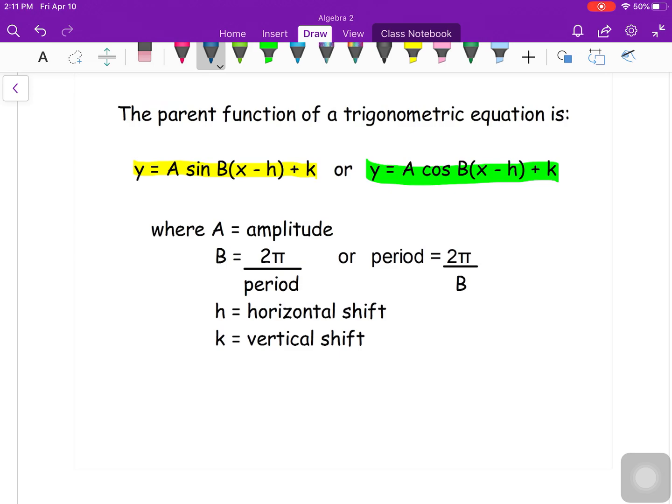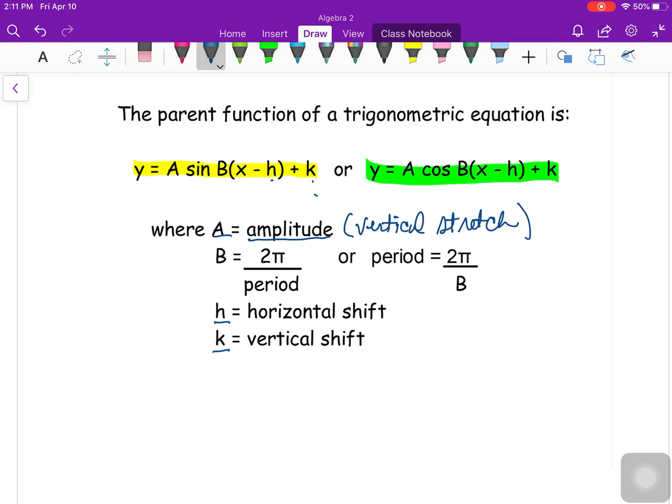On trigonometry functions, it is called the amplitude. It still is the vertical stretch. H was our horizontal shift, and K was our vertical shift, up and down. Still holds true, A, H, and K on the trig functions.